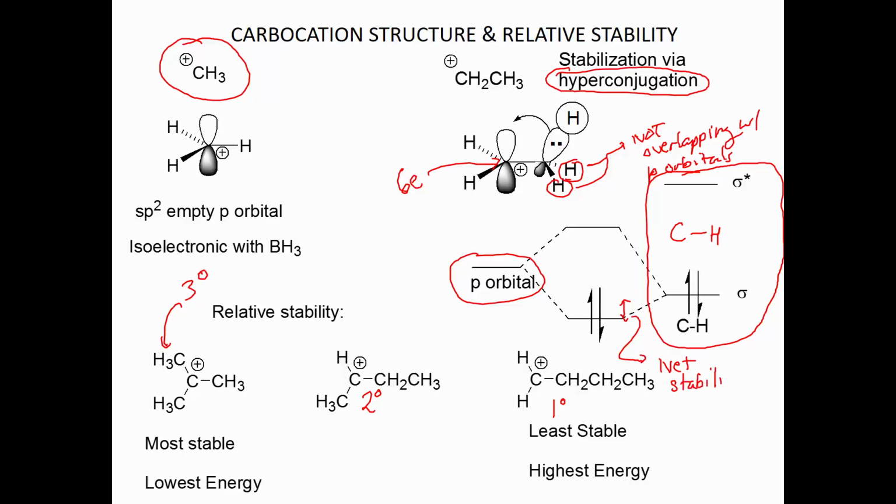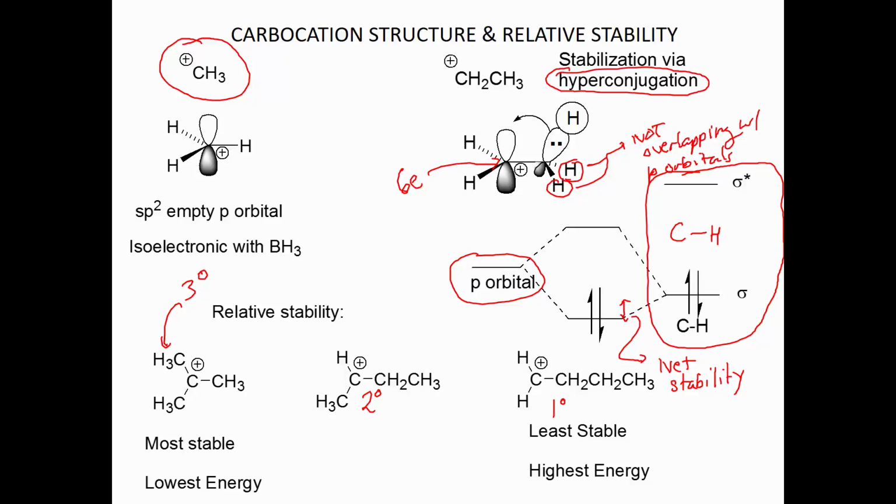This is really the origin of hyperconjugation. We're engaging the adjacent sigma bonds in stabilizing the electron deficiency at that carbon.